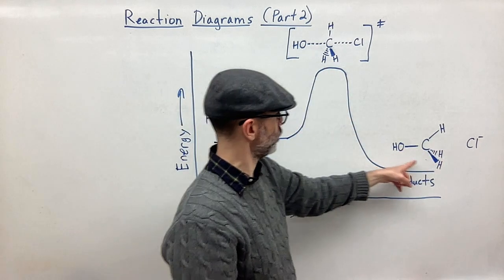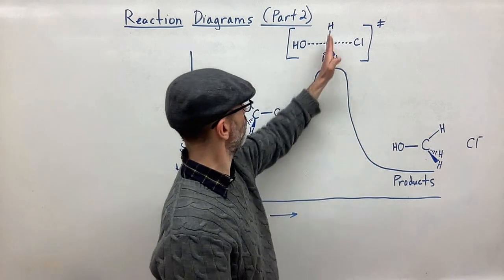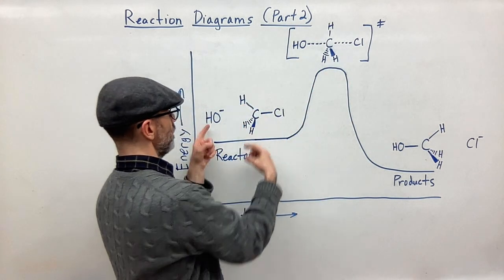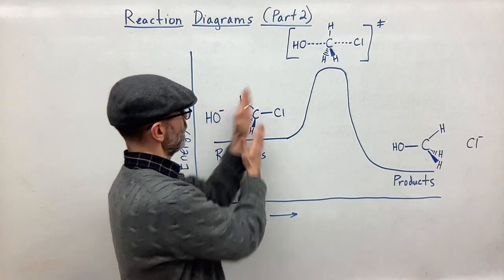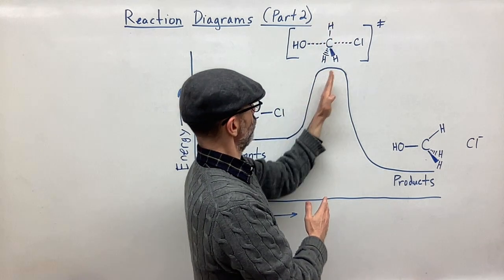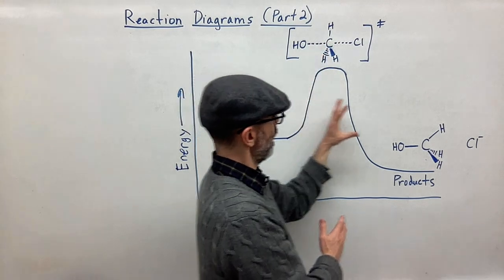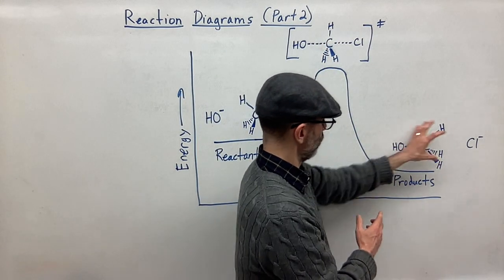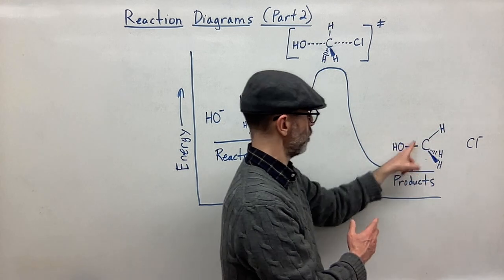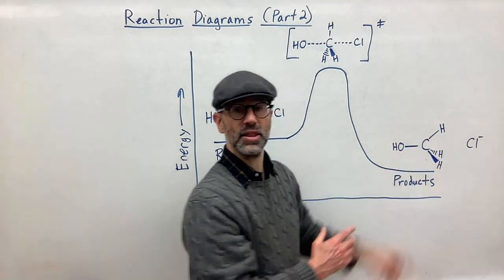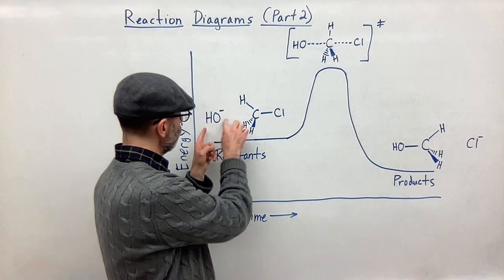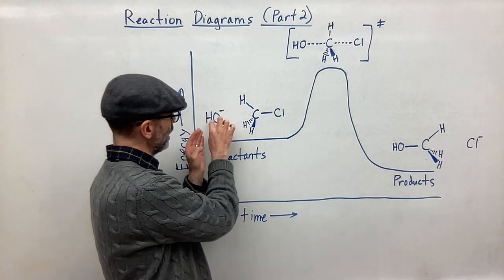So now look at the orientation of the hydrogens. First the hydrogens were pointed this way. This comes in, they straighten out. Now they're in a plane, and then with this fully formed bond, these are now pushed this way because, remember, the electrons in the bonds are repelling each other. So here you're forming this, it's got electrons on it.